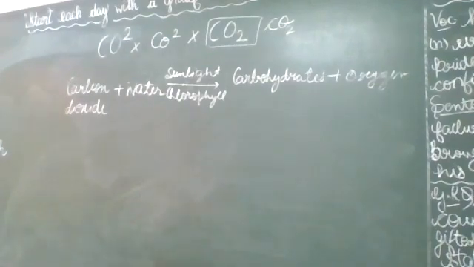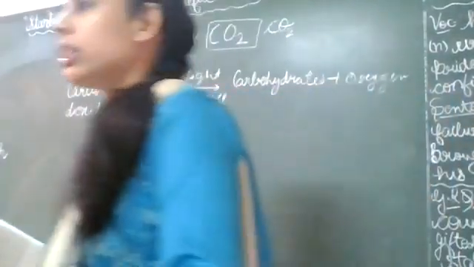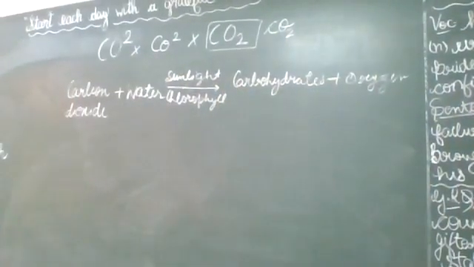There are different types of algae. ब्लू ग्रीन भी होती है, रेड ब्राउनिश भी होती है.